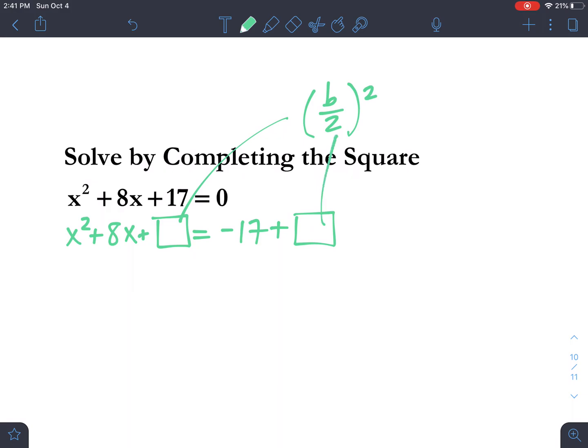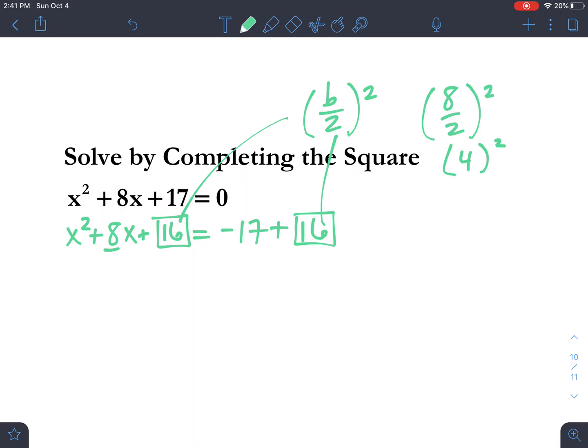And we're going to have to add it to both sides because we can't just randomly add a number to one side and not the other. So (b/2)² in this problem: 8 is b, so (8/2)² would be 4², which is 16. And again, if we add 16 to the left, we have to add it to the right.